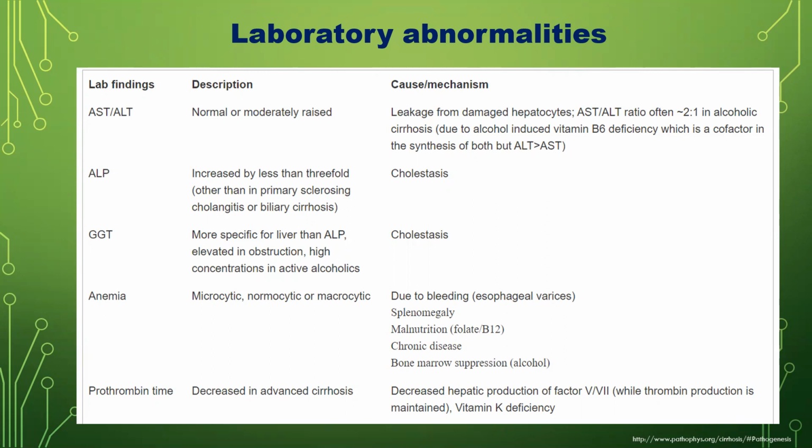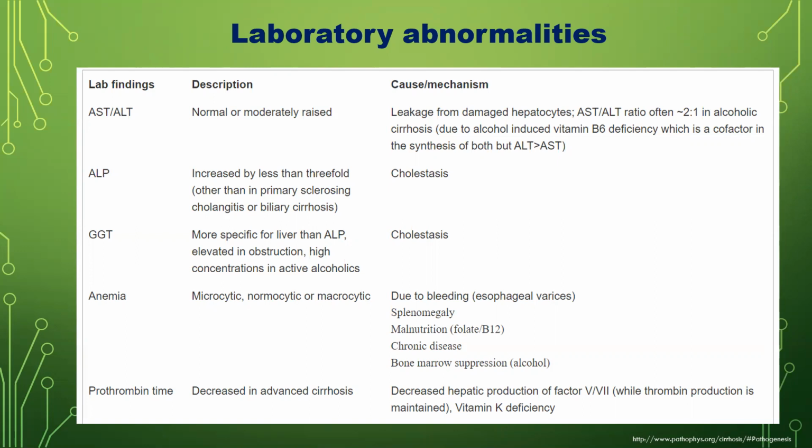In an alcoholic patient, or in cholestatic causes of cirrhosis, GGT levels can be elevated. Alkaline phosphatase levels increase by less than 3-fold, or more in case of cholestasis as a mechanism of cirrhosis, or as a concomitant appearance.